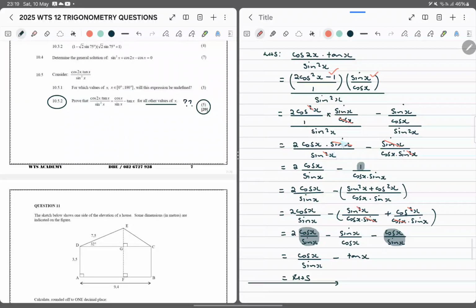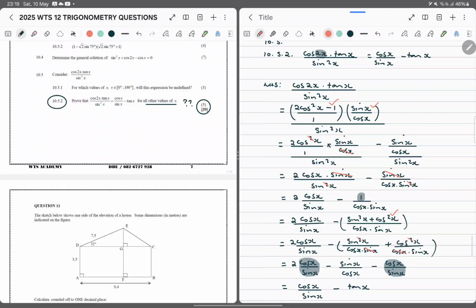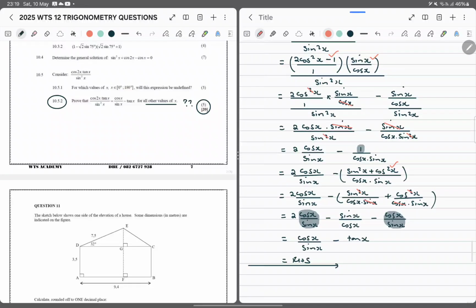We FOIL stuff out and divide, all of this gymnastics. They look a bit too complex, but I think when we start using the identity here, that's the third mark, 1, 2, 3. And here using the tan, 4.